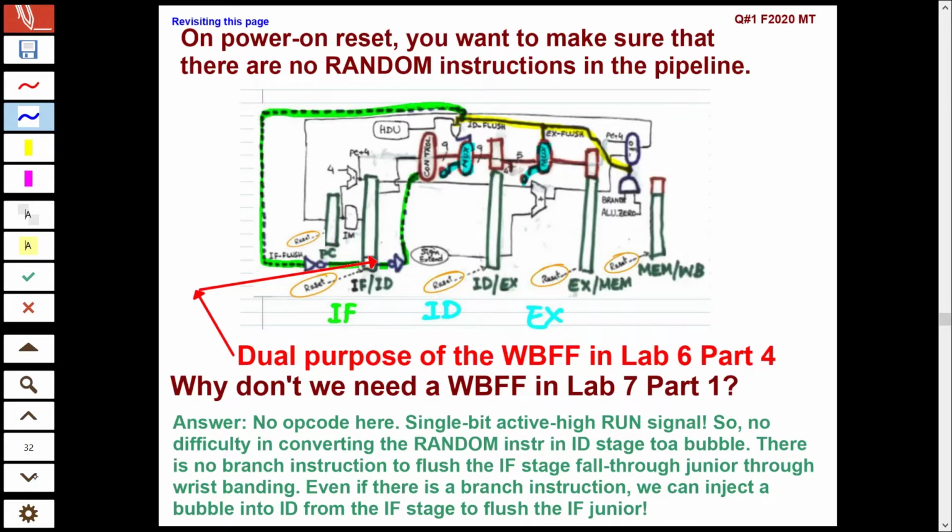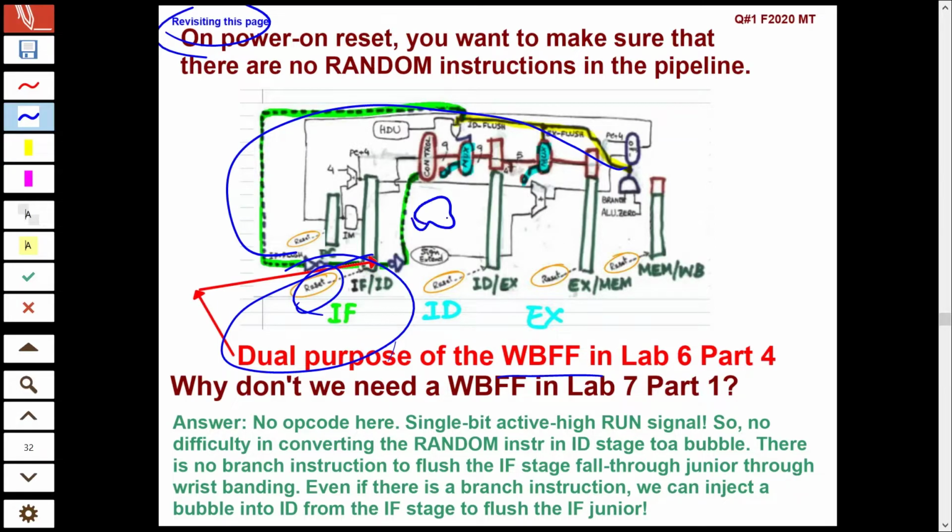Okay. Here we are again talking about revisiting what is this dual purpose right band flip flop. One is for flushing the junior 3, and one is on reset, on power on, to make sure that there's a bubble here. Okay.